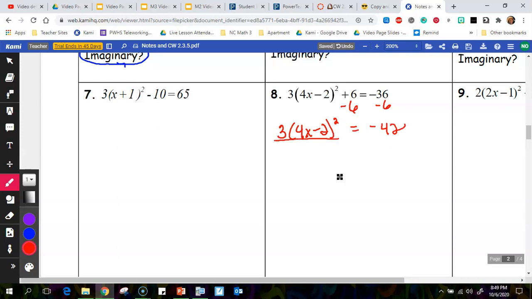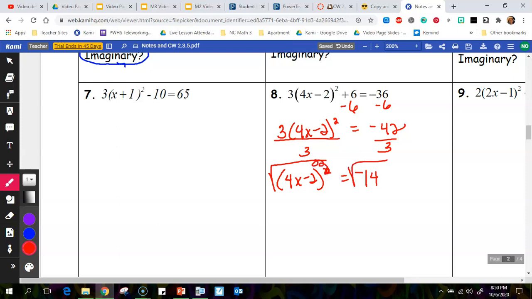Then I need to divide by 3. That is 14, I think. Okay, negative 14. It's at this point that I take the square root of both sides.